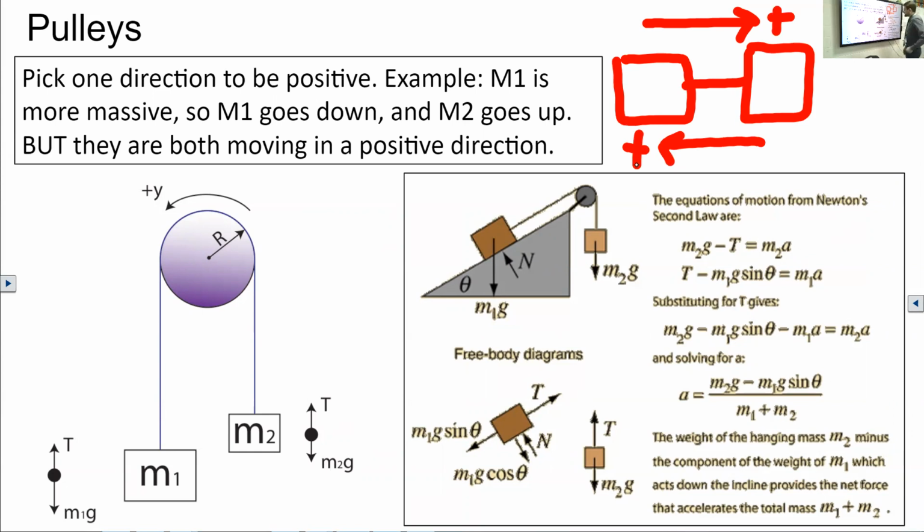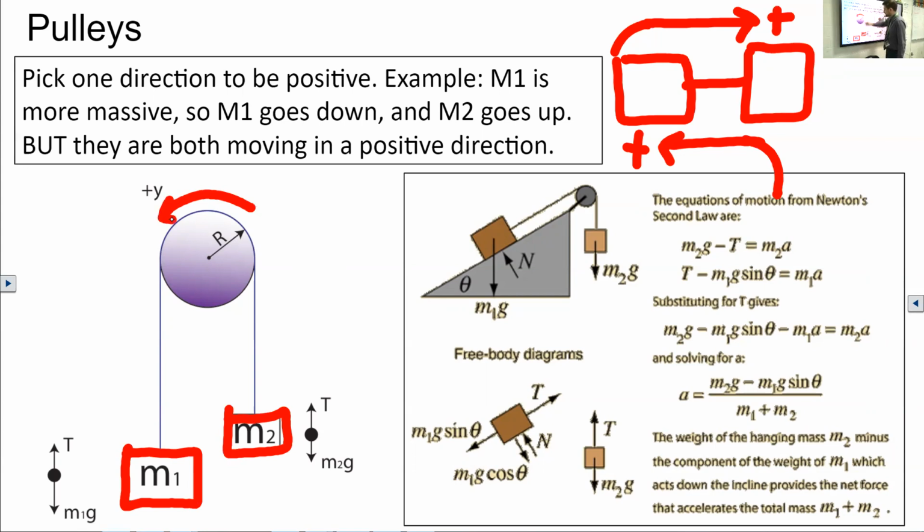However, pulleys just allow us to bend these lines. They don't actually change the problem. They just bend which direction matters. So for example, in this pulley, M1 is the heavy one. M2 is a little bit lighter. And so therefore, it's going to rotate in this direction.